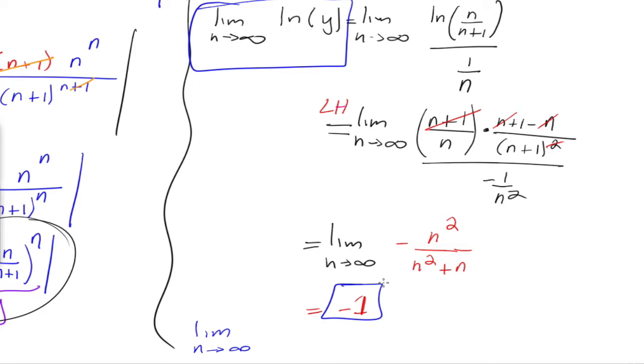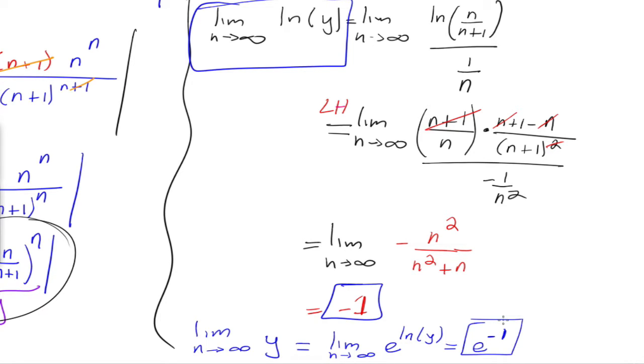That limit equals negative 1. The limit as n goes to infinity of natural log of y is equal to negative 1. So the limit as n goes to infinity of y is equal to e to the natural log of y, right? So this is equal to e to the negative 1, right?